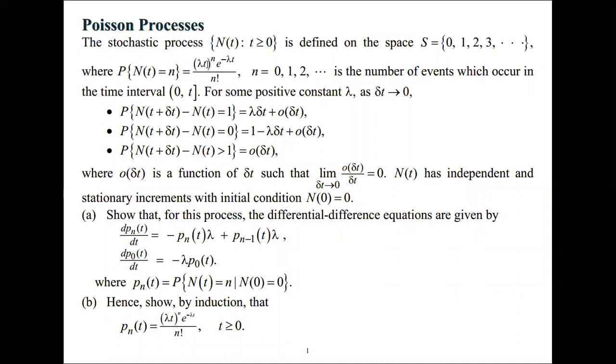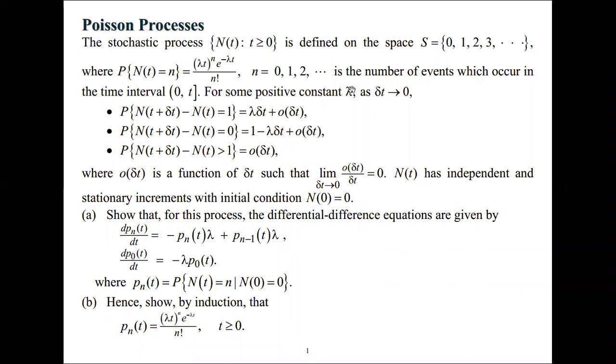So Poisson process has to do with the number of occurrences based on certain conditions within a certain time frame. So we say that the process is also a stochastic process. This N(t) is referring to the number of events which occur in the time interval 0 to t.